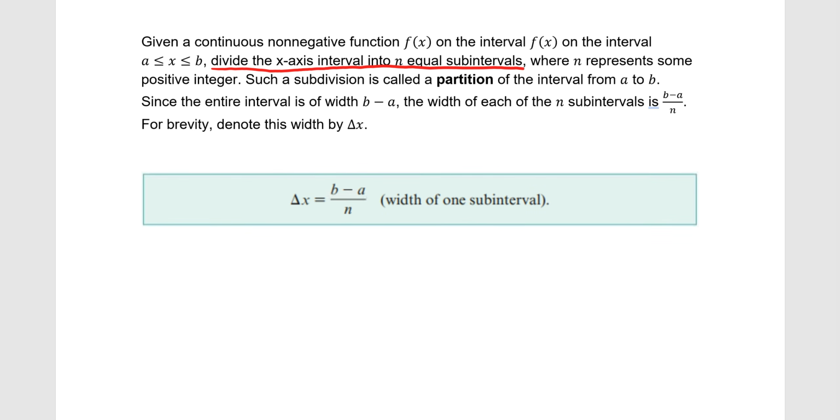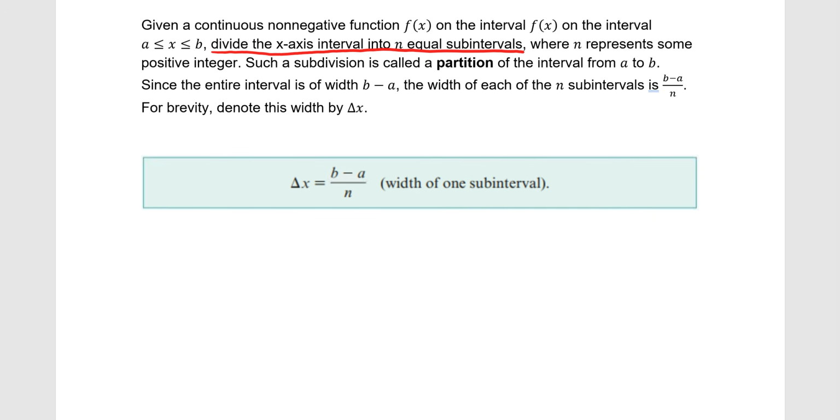These subdivisions, we call them partitions. And if we're trying to divide an interval into n equal parts, to figure out the length of one part, you need to divide that interval length by n.